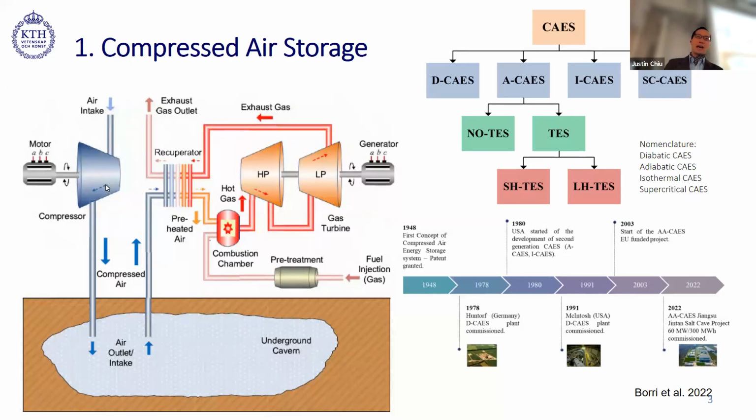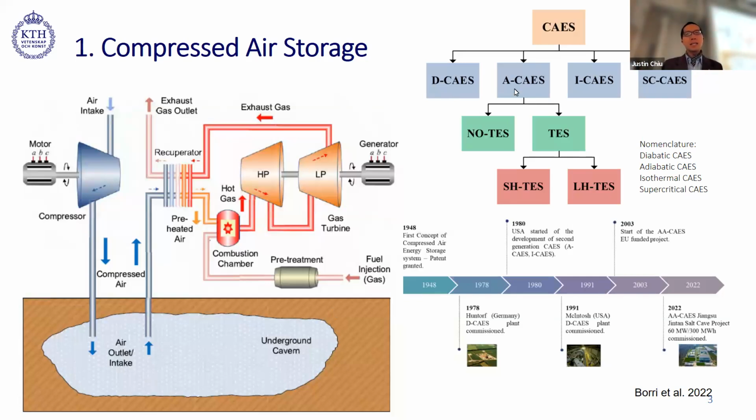When we have excess mechanical work or, let's say, electricity, we can operate our compressor, which would compress the air. We store the compressed air. It can be diabatic, meaning that we lose the heat.